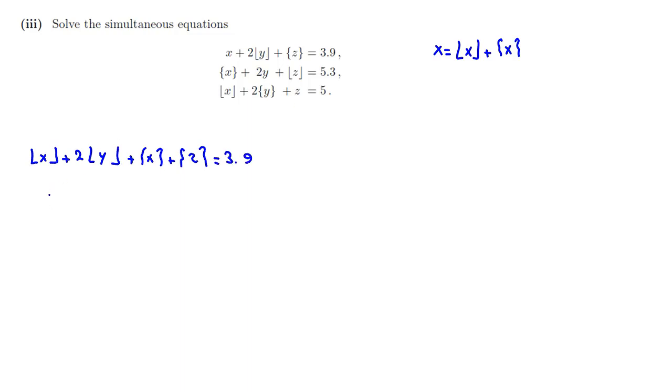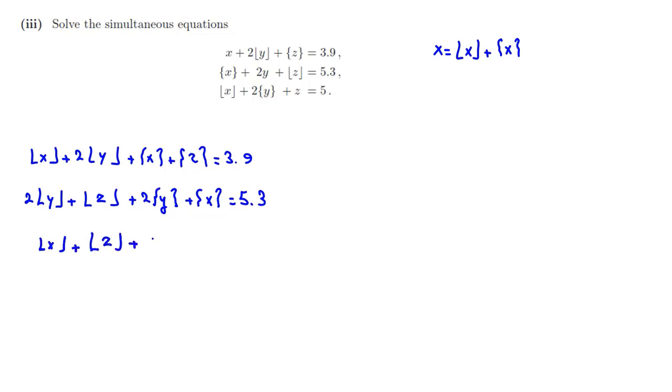And then here, 2 times integer part of y plus integer part of z plus 2 times fractional part of y plus fractional part of x equal to 5.3. Then integer part of x plus integer part of z plus 2 times fractional part of y plus fractional part of z equal to 5.